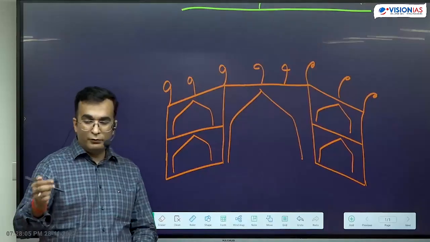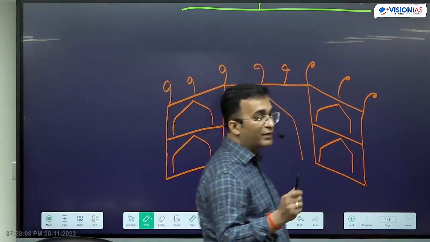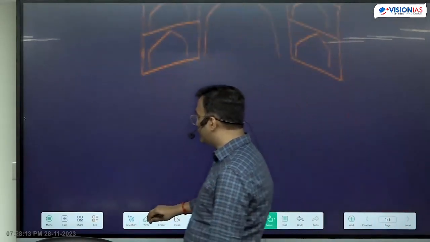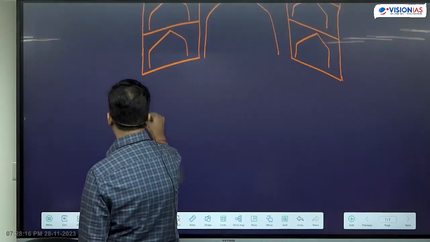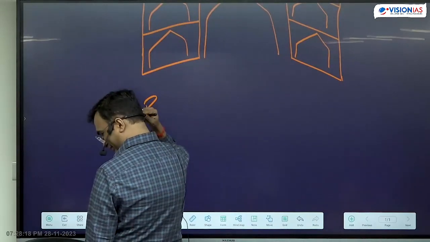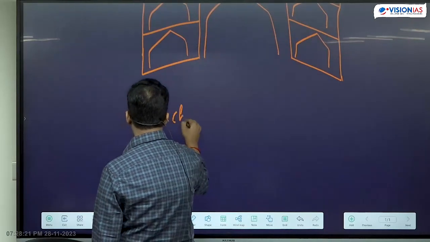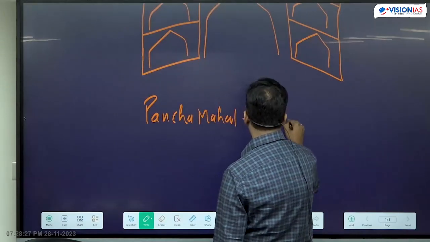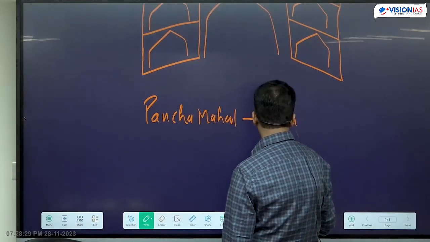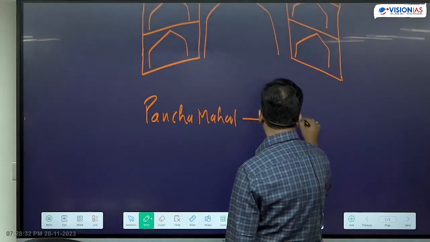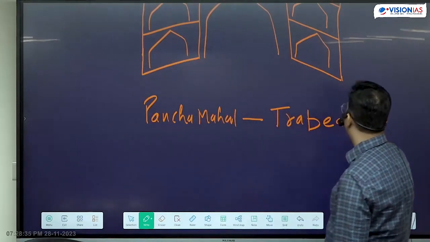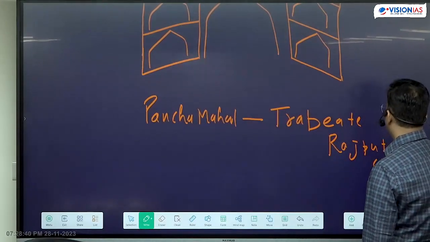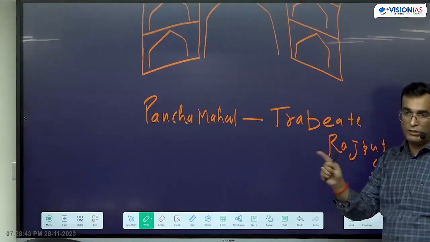So now, the last line that you have written, that it has the Tudor type of arches. उसके अलावा लिखो, ठीक है? So next you mention one of the unique architectural pieces was Panch Mahal, created in Trabeate Rajput style. एक बार लिख लो, and then I'll create one such image of it.